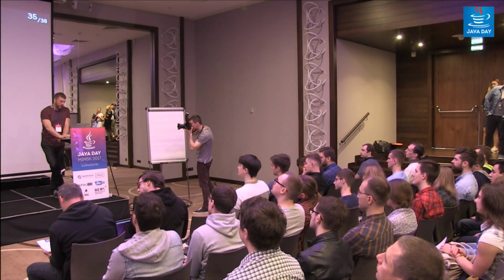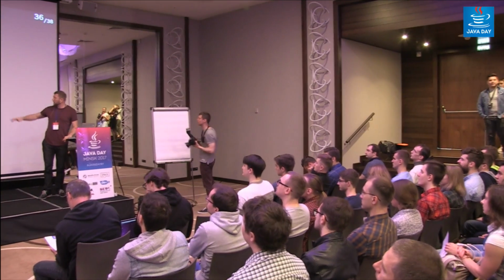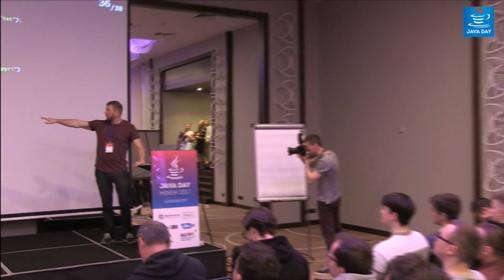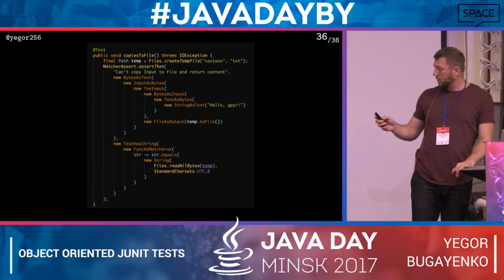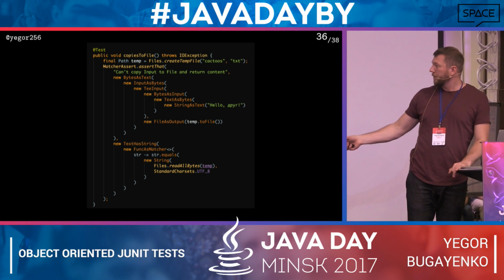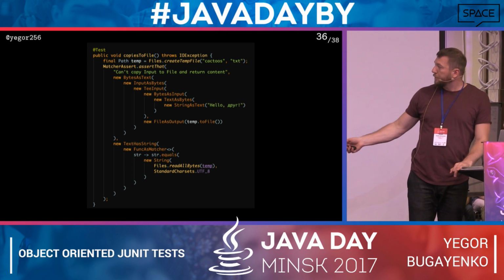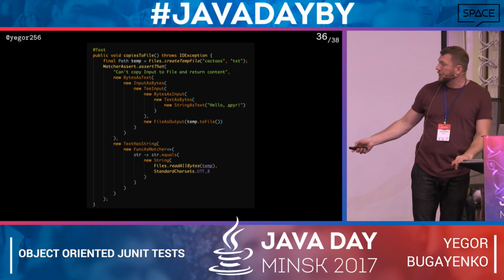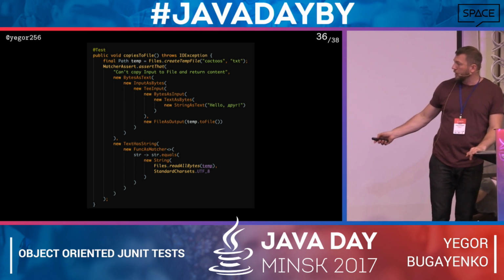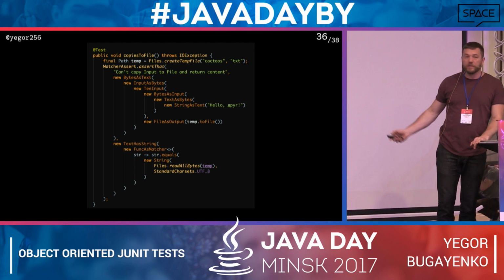Let me show you the matcher I created a week ago. If you look at this, you can see func as matcher. This is the one I created myself. It accepts a lambda, a function, which does whatever it does, and it behaves like a matcher.